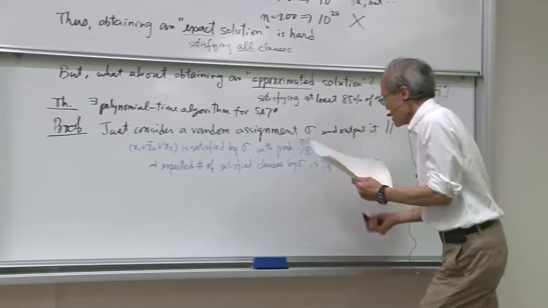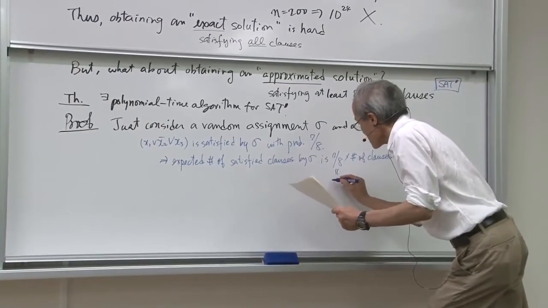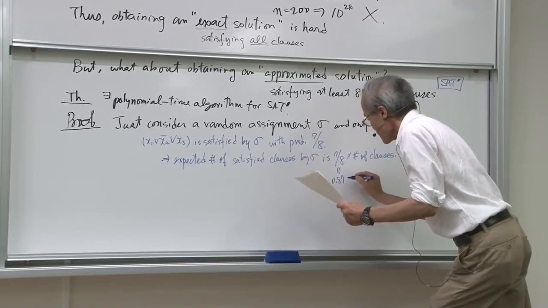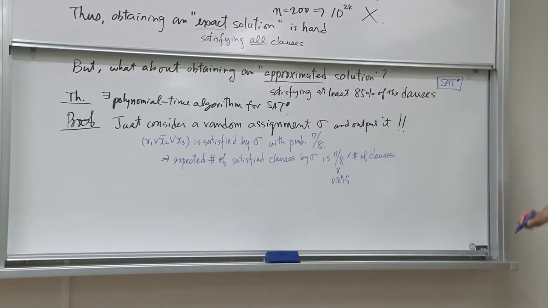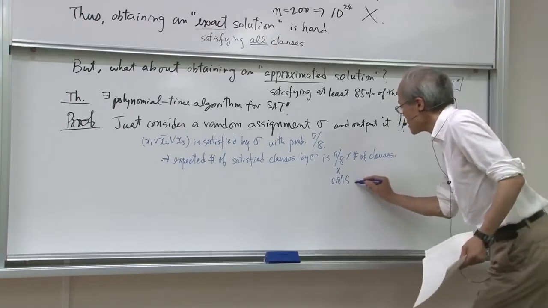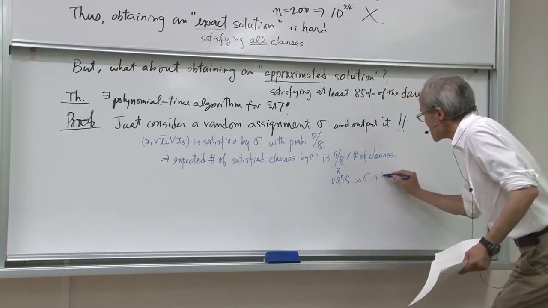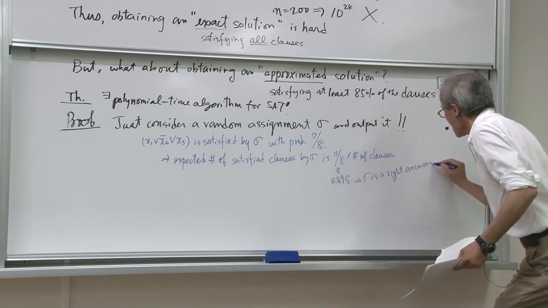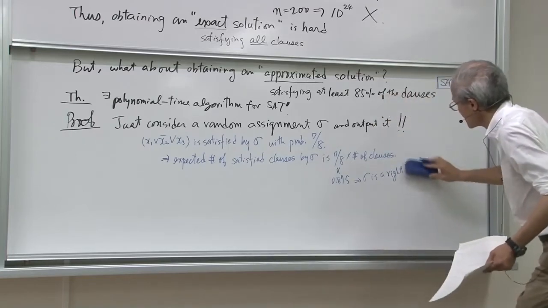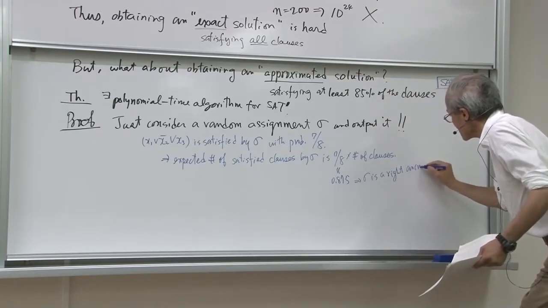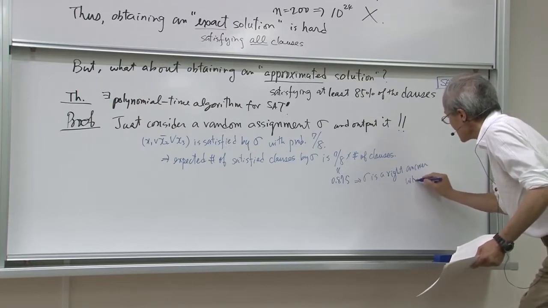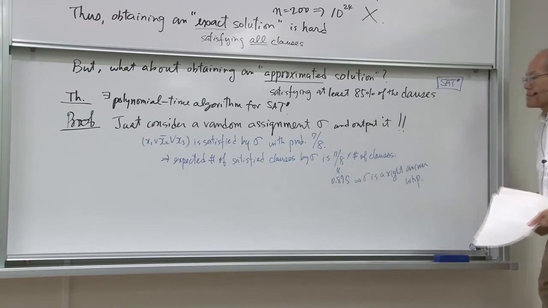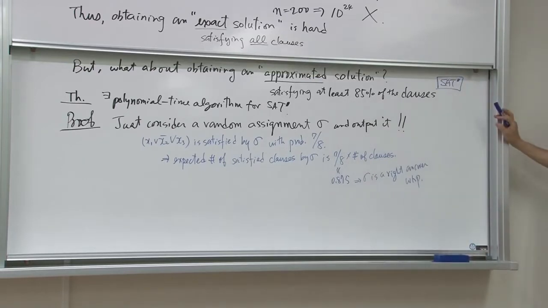And this value is 0.875. Okay? So that means this assignment sigma is a correct answer with high probability by Markov inequality.